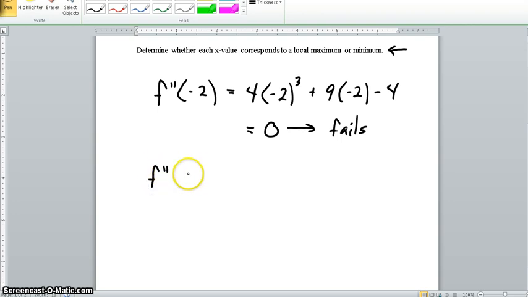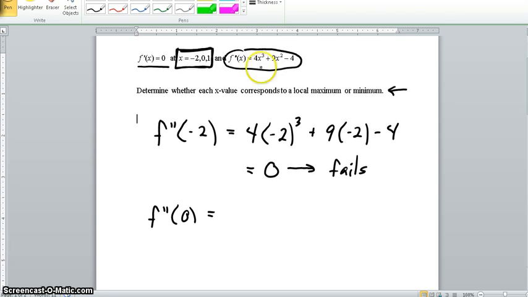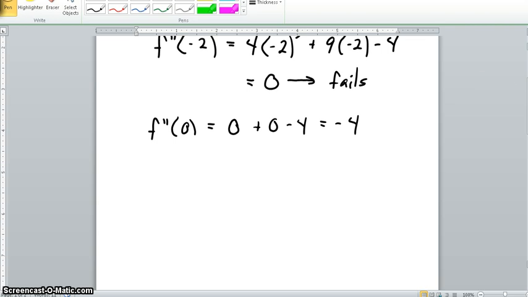If we plug 0 into our second derivative, things are always easy with 0. That would just be 0 plus 0 minus 4, which is -4. Now remember, your second derivative indicates information about the concavity of a graph. So this indicates that your graph is concave down.